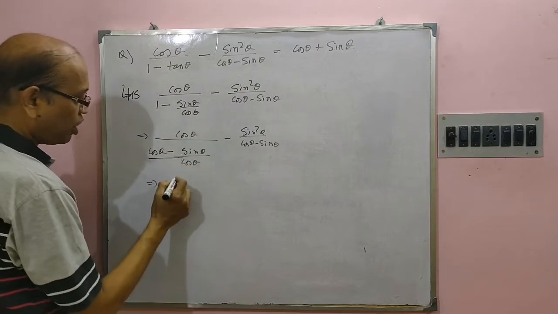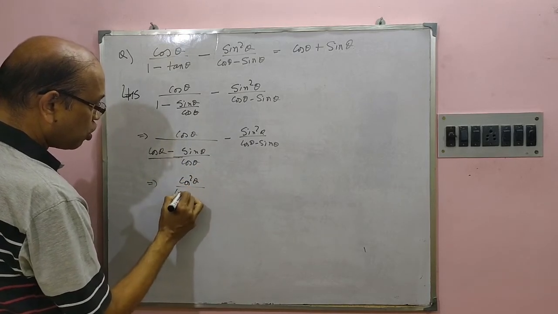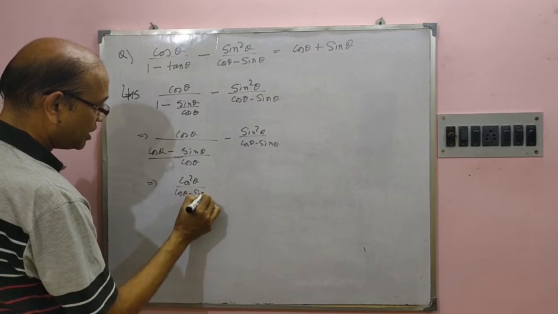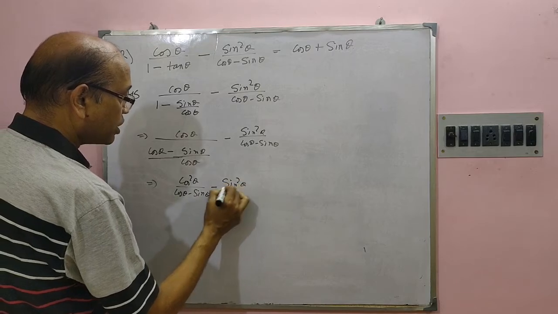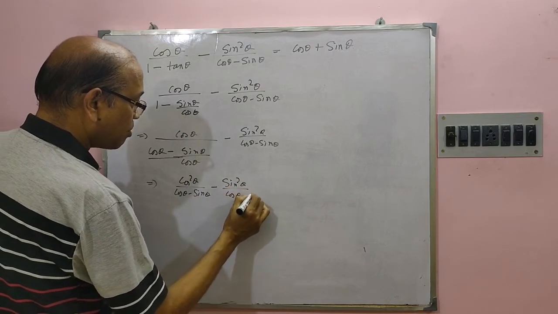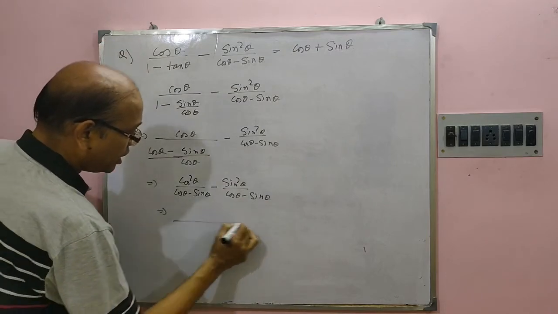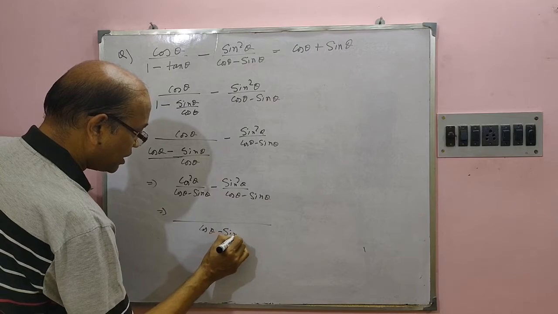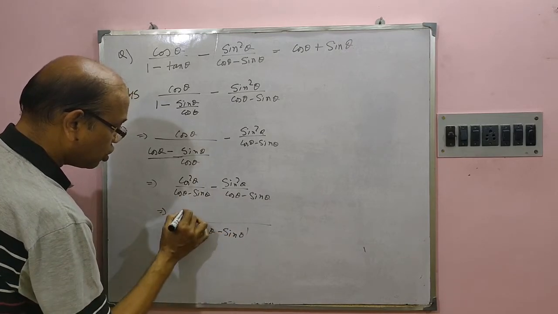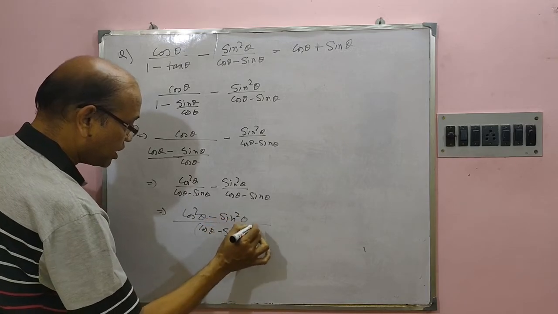This cos theta will go up here and it will become cos square theta by cos theta minus sin theta minus sin square theta by cos theta minus sin theta. Clear? Now the LCM cos theta minus sin theta, and here it is cos square theta minus sin square theta.